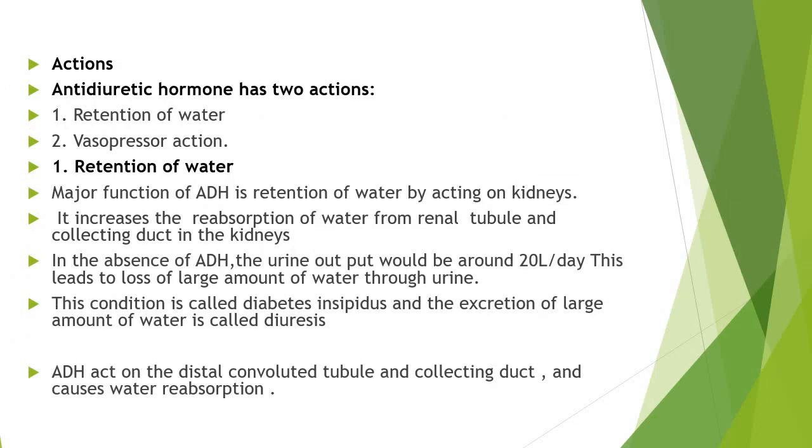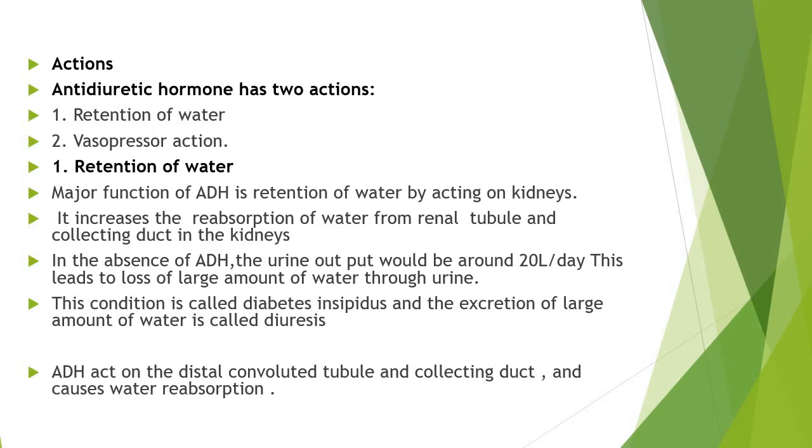Action. Antidiuretic hormone has two actions. Number one, retention of water. Number two, vasopressor action. Retention of water. The major function of ADH is retention of water by acting on the kidneys. It increases the reabsorption of water from the renal tubule and collecting duct in the kidneys. In the absence of antidiuretic hormone, the urine output would be around 20 liters per day.